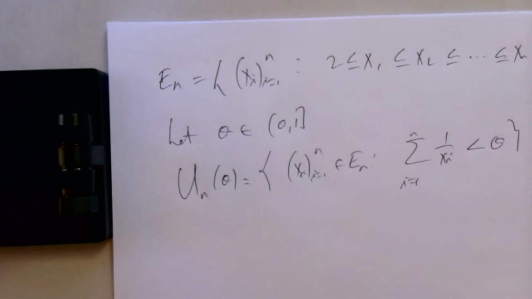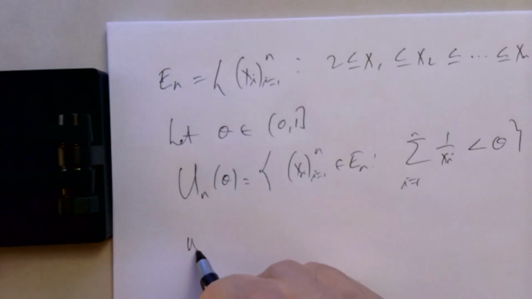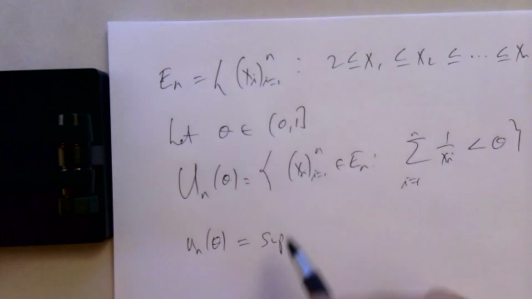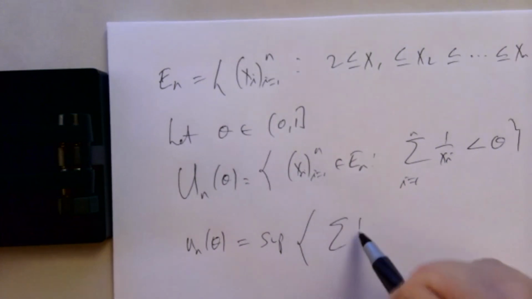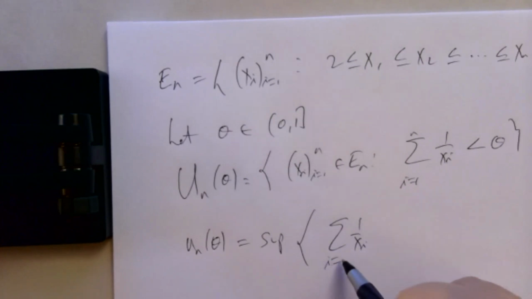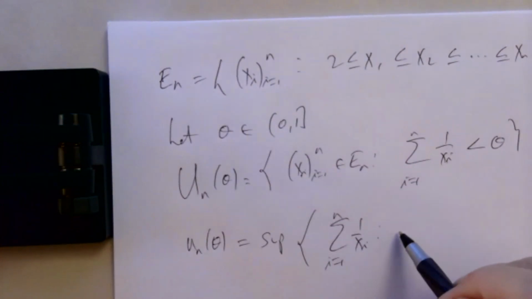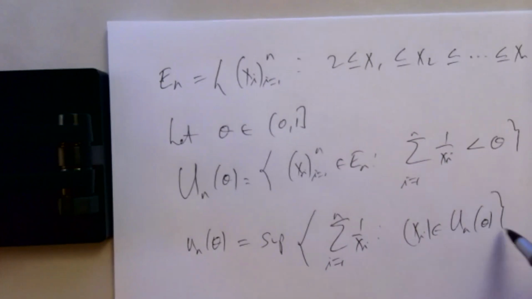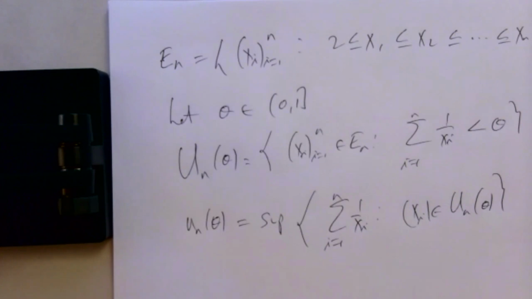So I'm looking at all Egyptian fraction n-term underapproximations of theta, and little u sub n of theta is the sup of what's in this set: summation 1 over x sub I, I goes from 1 up to n, where x sub I is a sequence in U sub n of theta.